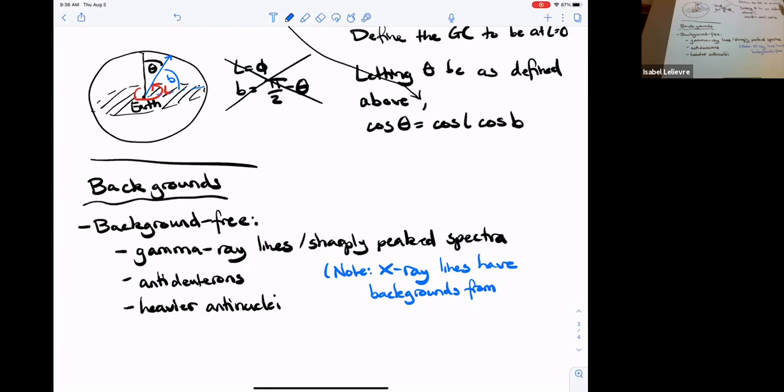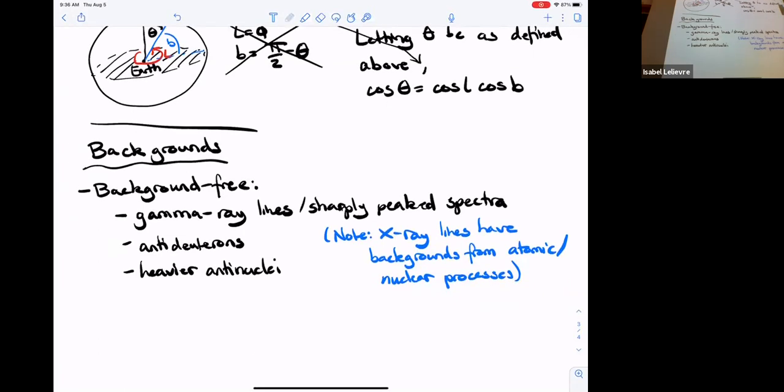The electron spectrum has some width, and that also broadens the photon spectrum. So X-ray lines do have backgrounds from known atomic and nuclear processes, and we'll see this when we talk a bit about the 3.5 keV line. Okay, so if you want to look for a smoking gun signal in a background free channel, those, as far as I know, are basically your options.